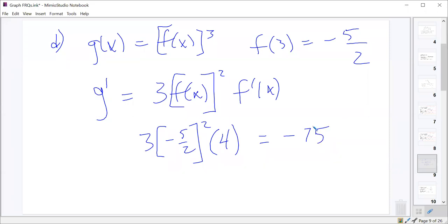That was worth 3 points. Oh, sorry, positive 75. Not negative. I just looked at the negative and said negative. So 2 points for the correct derivative, 1 point for the correct answer. Good?